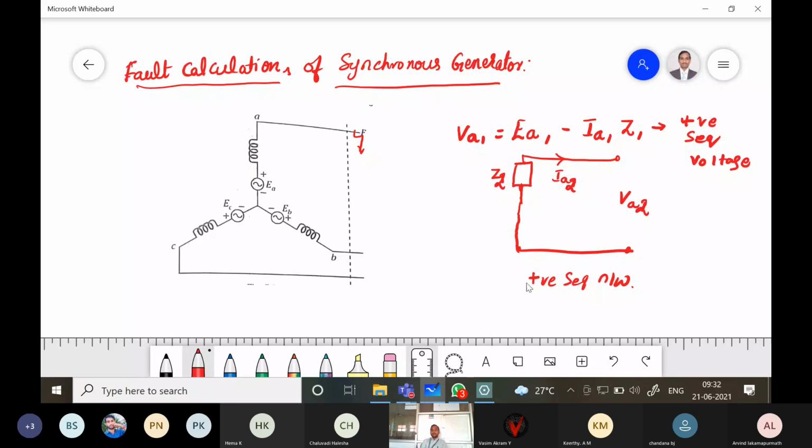Right? So this is called the negative sequence network of the system. So Z2 into IA2. Therefore, what is VA2 now? VA2 is equal to minus IA2 into Z2.